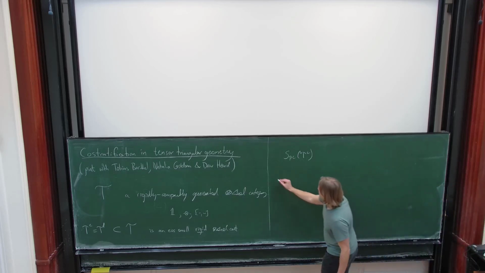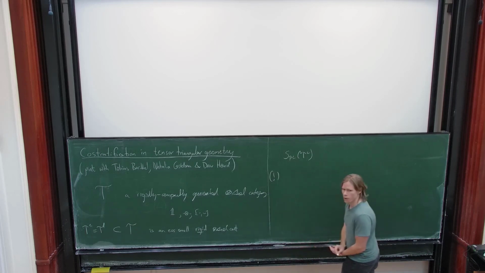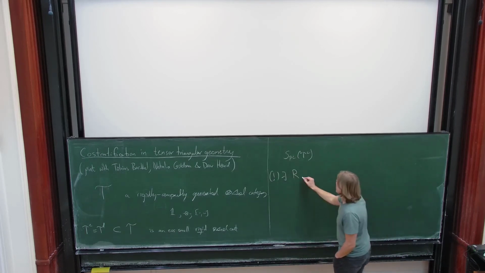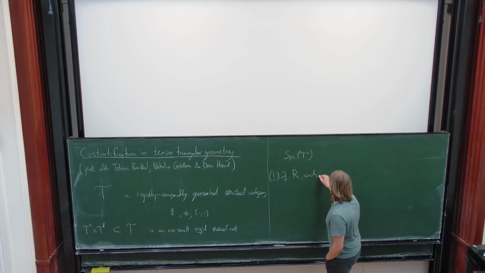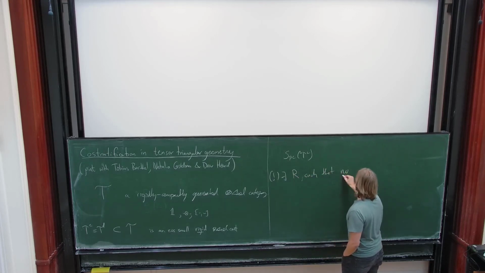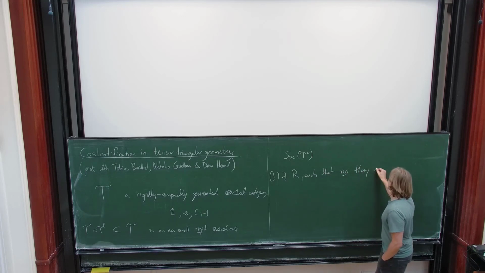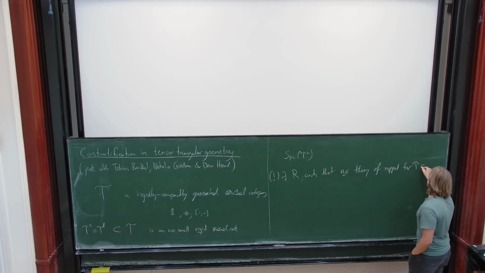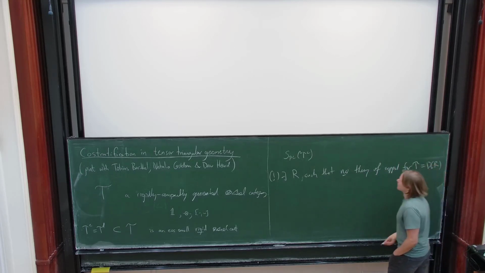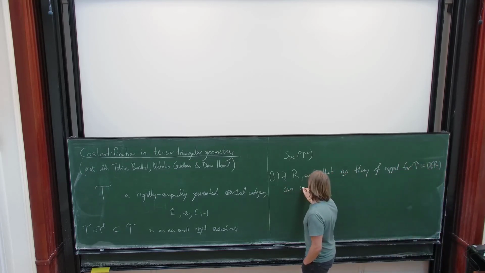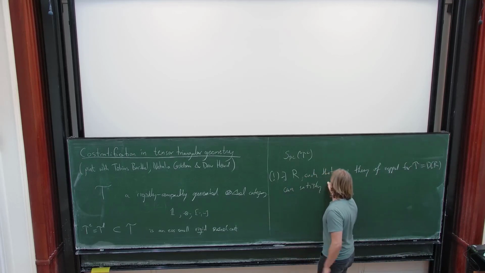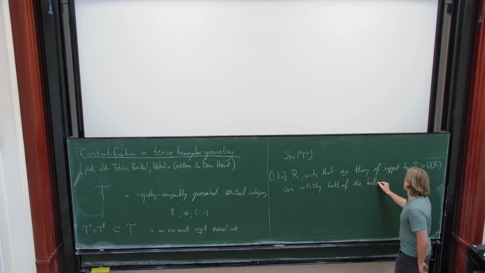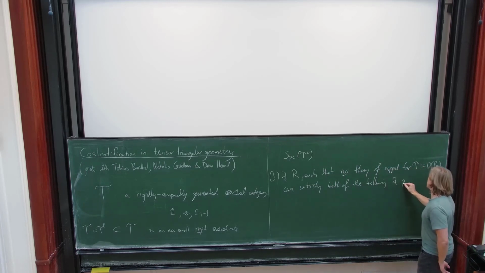For example, there's the warning that there exist commutative rings R such that no theory of support for the derived category of R can satisfy both of the following two properties.